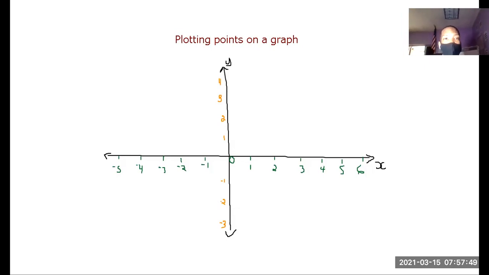What if we have a table? We got a set of points. I'm going to put it right here in this corner. We say that's the domain. And that's the range.